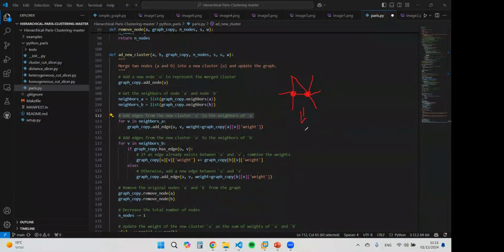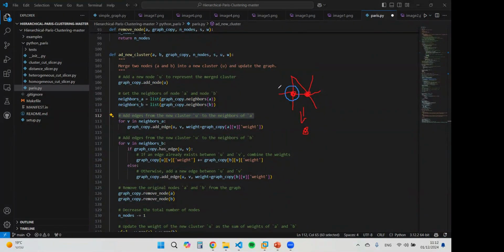Then you need to take, as you see, all the neighbors. So you add the weight of all the, I will change color, you add all the neighbors of A, so all these edges.